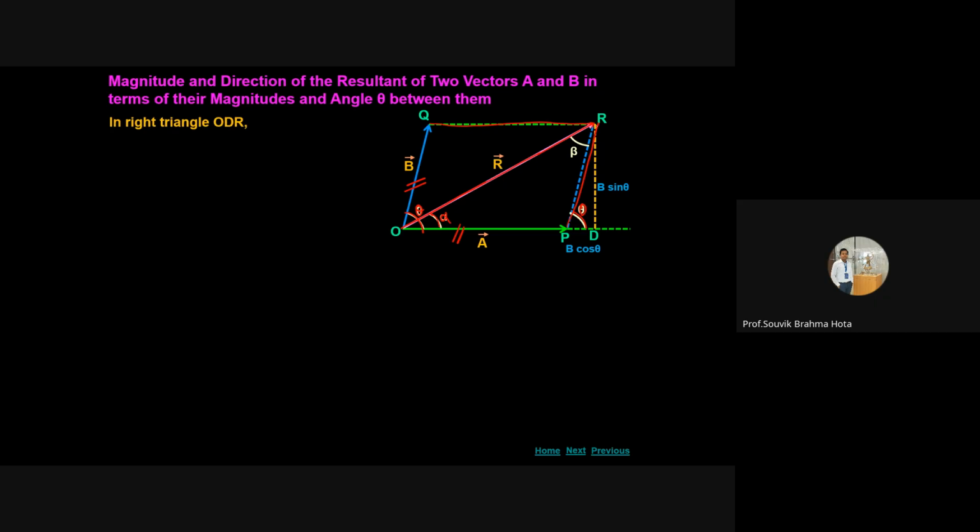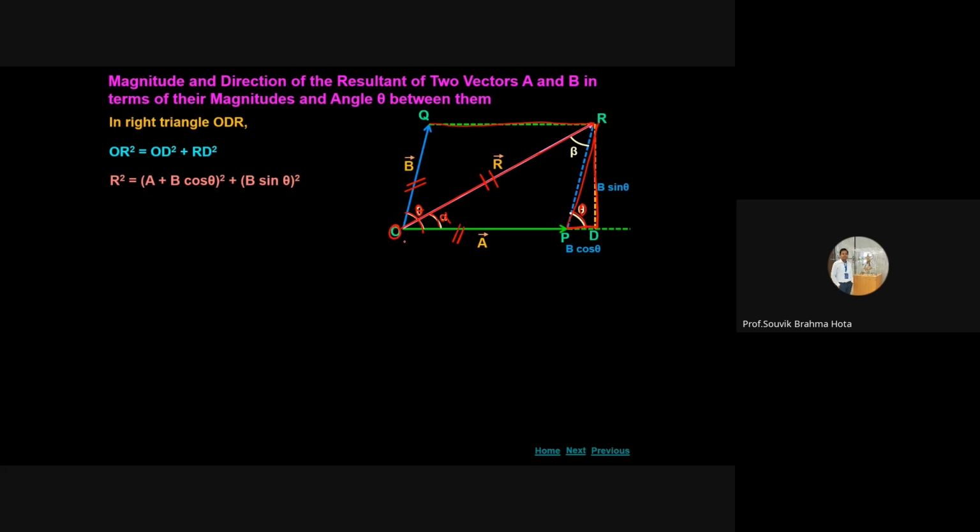Now look at the small triangle RDP, we can consider RDP a little bit afterward. Before that, we should consider the bigger triangle ORD. Here, by Pythagoras, OR square is equal to OD square plus RD square. Then see, OD square is what?